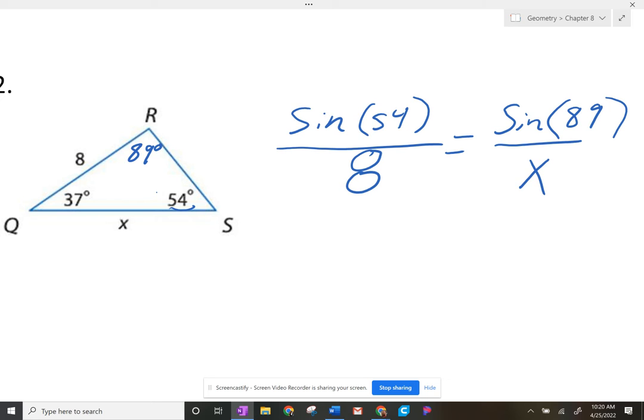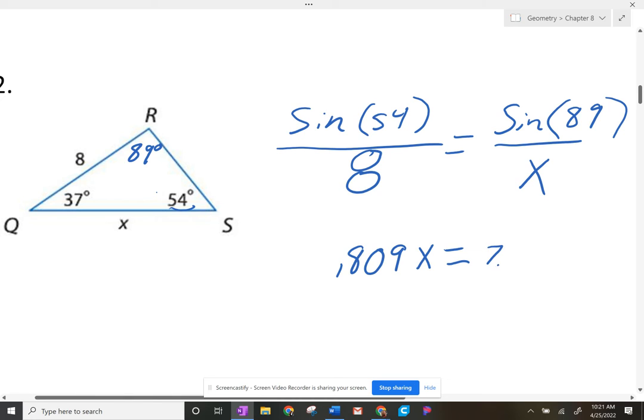So I've got sine of 54 times x. That's going to give me 0.809x equals, now I've got sine of 89 times 8. And that one's going to give me 7.999.